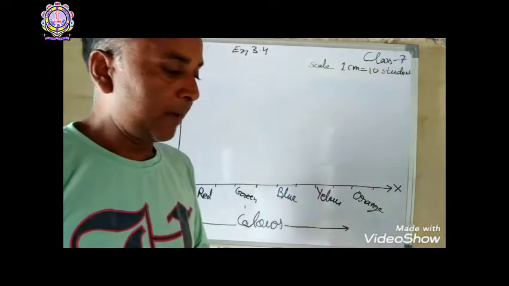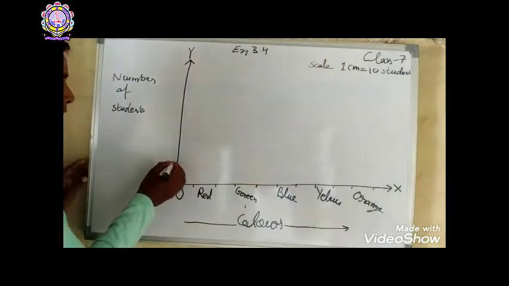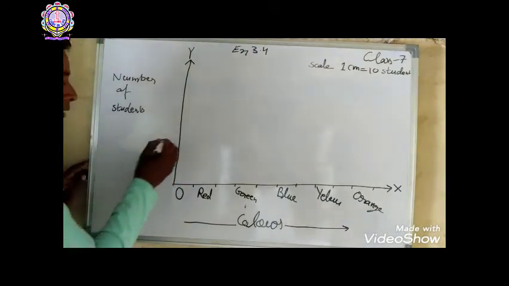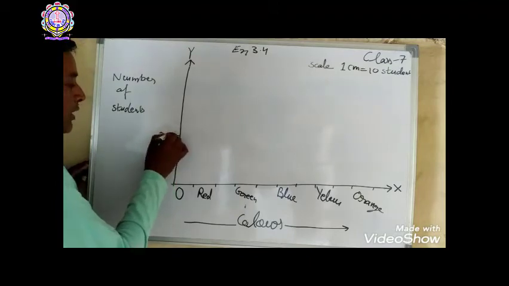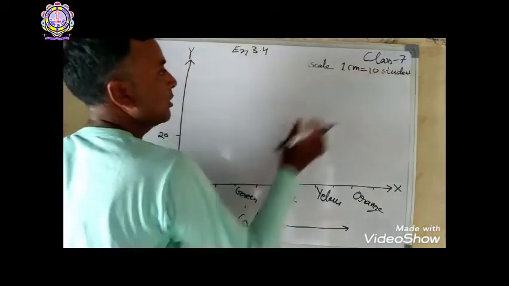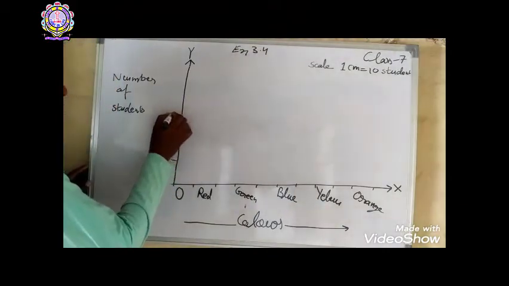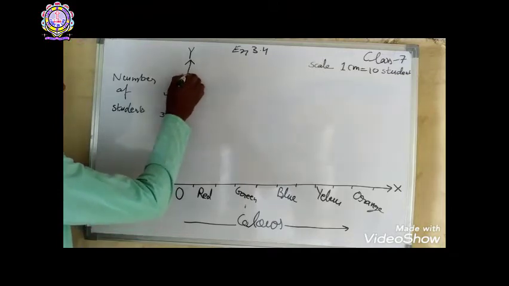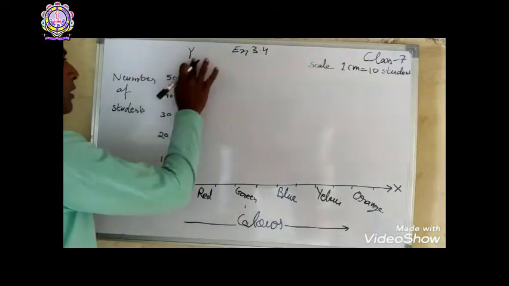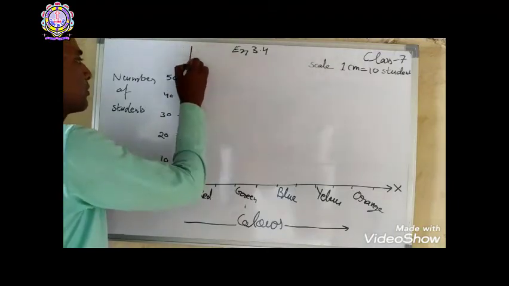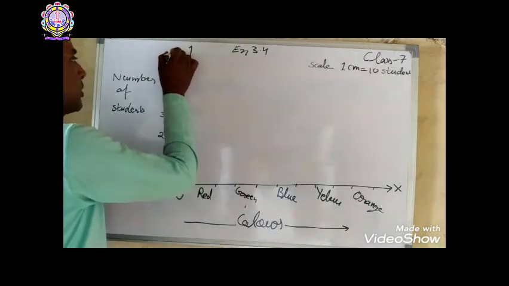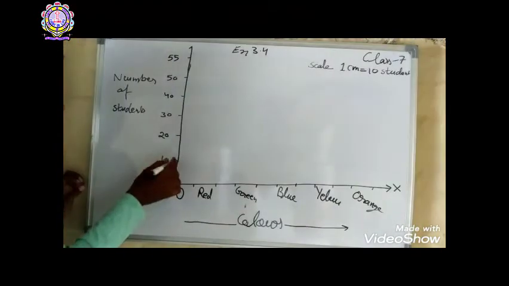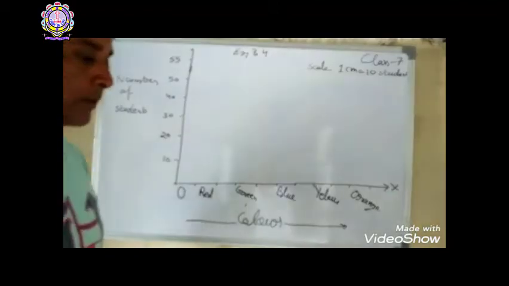Maximum is 55, so you write here 0 to 10, then 20, because 1 centimeter is equal to 10 students, then 30, 40, and 50, and it increases more, and 55, and so on. So one column has 10 places, divided into 10 equal parts.